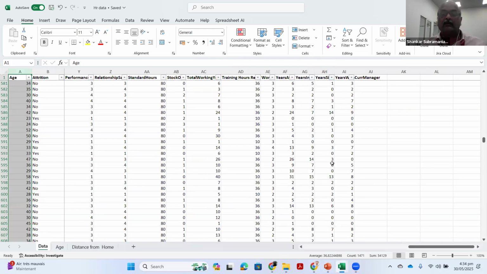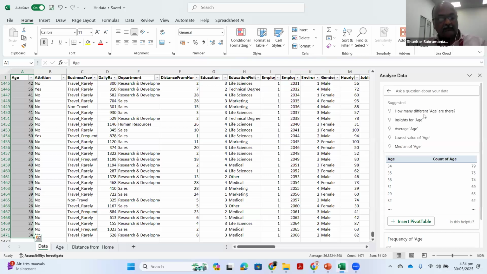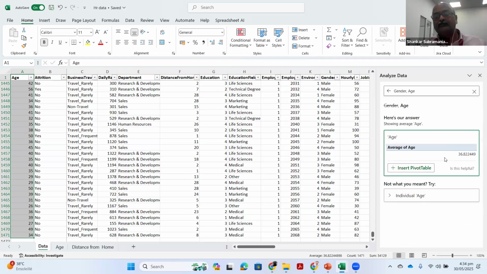If I look at the data and say analysis, I can check whether I can induce prompts here. I can say gender, comma, what was the age, for example, and then give it a prompt. So it can show you that. You're not going to say gender and age or attrition, you can say gender, attrition, distribution.